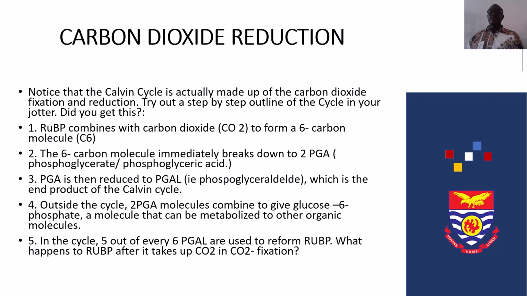The phosphoglyceric acid is then reduced to phosphoglyceraldehyde, which is the end product of the Calvin cycle. Outside the cycle, 2 phosphoglyceraldehyde molecules combine to give glucose 6-phosphate, a molecule that can be metabolized to other organic molecules. So in the cycle, 5 out of every 6 PGAL are used to reform RuBP, that's ribulose bisphosphate.